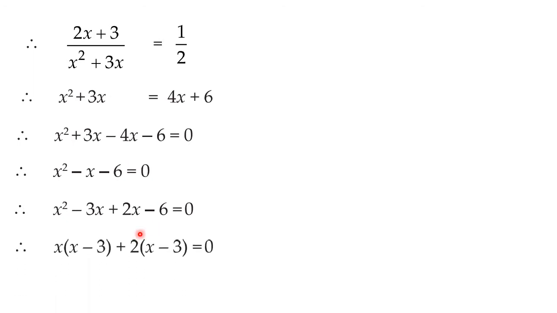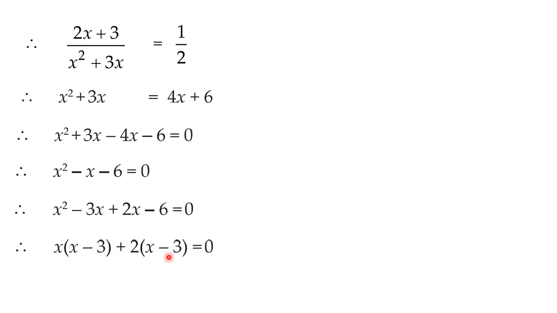When we take out the common from these two terms, we will get the equation like this: x inside the bracket x minus 3, plus from this 2 is taken out common, so again here we have x minus 3, is equal to 0. Now we can see x minus 3 is common again in these two terms.